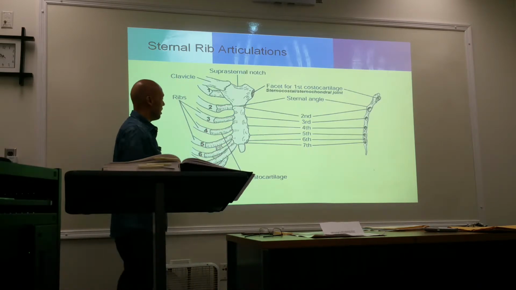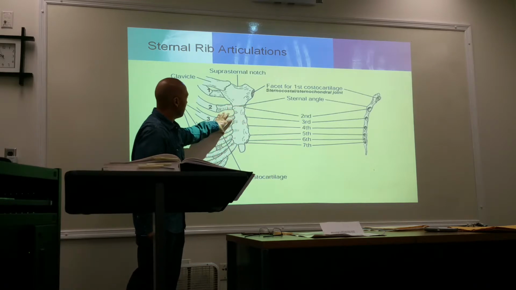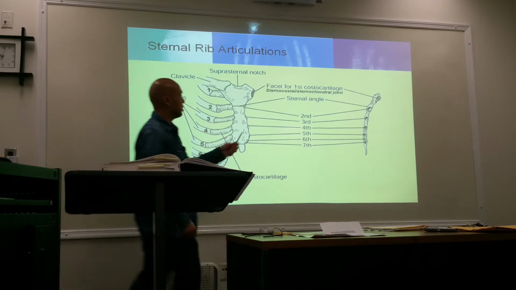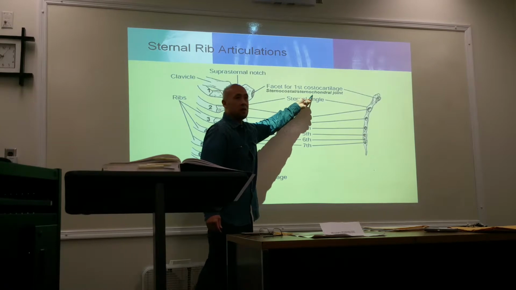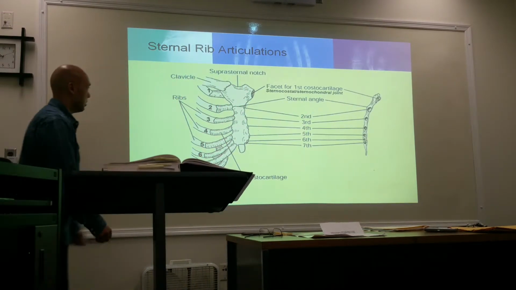Because the true articulation between the ribs and the sternum is not actually bone to bone. It's cartilage to bone, right? So the more appropriate term would be the sternochondral joint, but sternocostal is also appropriate, this is just more correct. It's sternochondral because it's cartilage to the sternum.